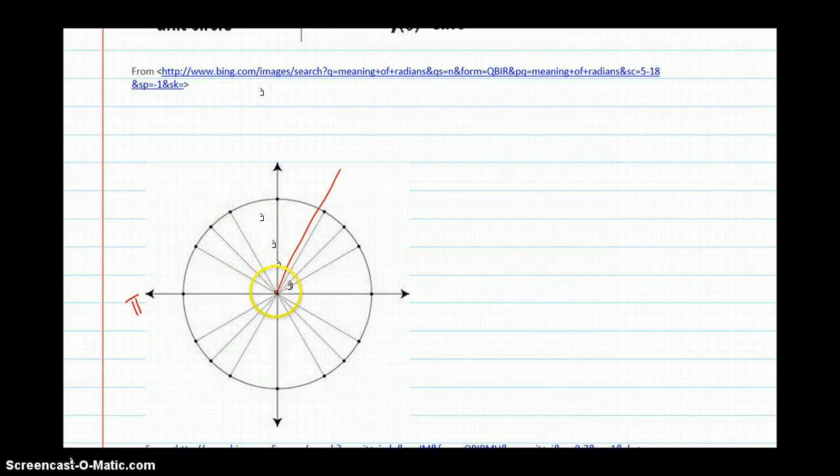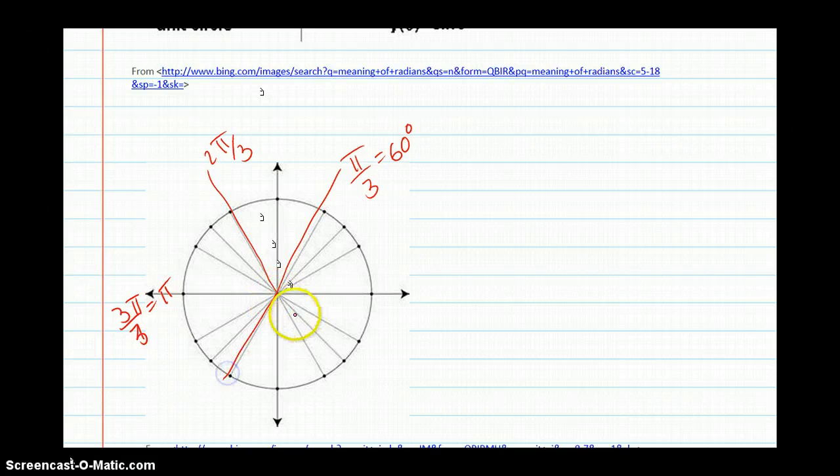You get this. So that's breaking it into 3 equal pieces. 60, another 30 plus 30, 60, 60. So that would be pi over 3, which we just saw was 60 degrees. So this would be 2 pi over 3, 3 pi over 3, which we know is pi.